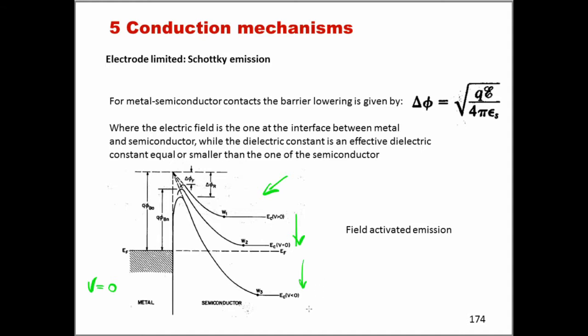So we are pushing the semiconductor side downward, and correspondingly you can see that the barrier seen by the electrons that want to jump over it is coming down. This explains why I said previously that the Schottky emission is one of the field-activated emissions we will see.